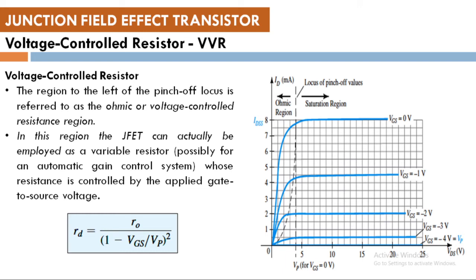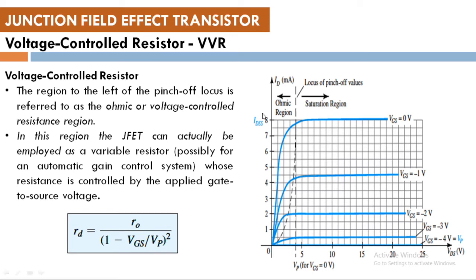Okay, a very important part, and an actual application of the junction field effect transistor, is VVR. VVR is called the voltage controlled resistor. Now what is this? The region to the left of the pinch off locus is referred to as the ohmic or voltage controlled resistance region.